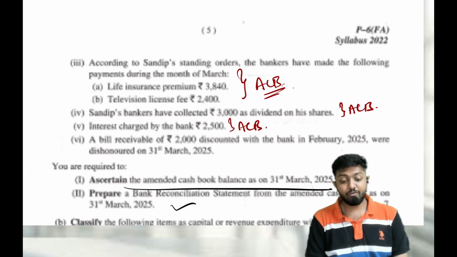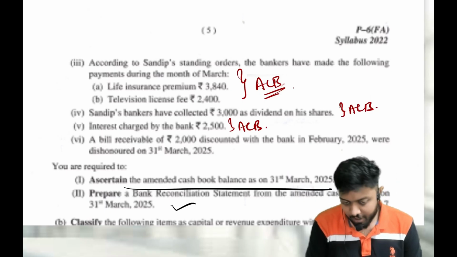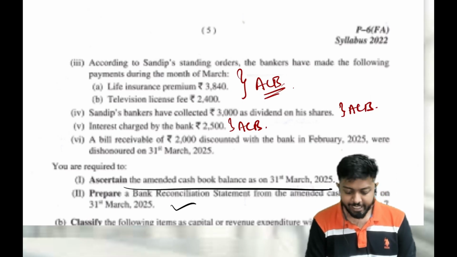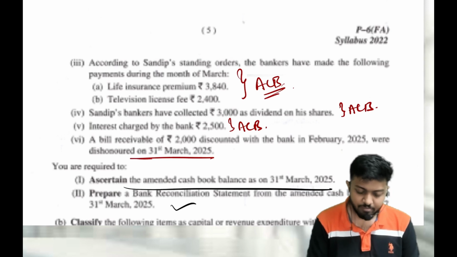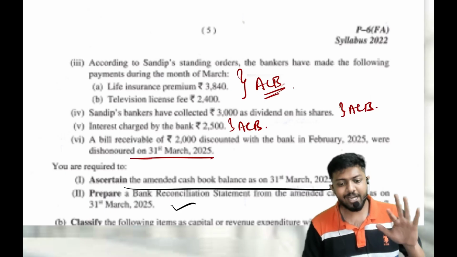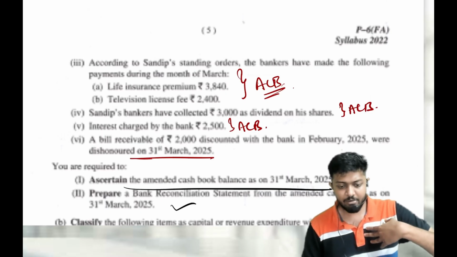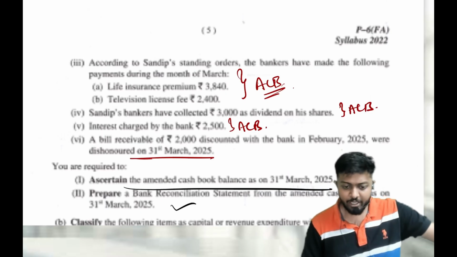A bill receivable of 2,000 discounted with the bank in February. So there's one bill receivable. We got it discounted from the bank in February 2025, but it got dishonored on 31st March 2025. Our BRS period is 31st March. So what would have happened when a bill receivable gets dishonored? Suppose I am the drawer. For me it is a bill receivable. I had gotten it discounted and I got the money.